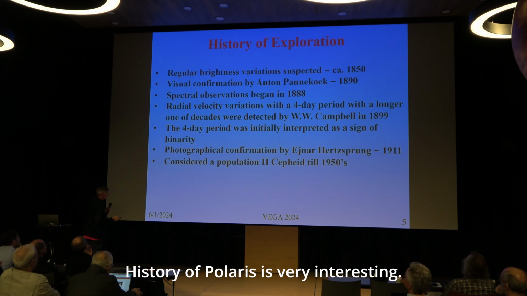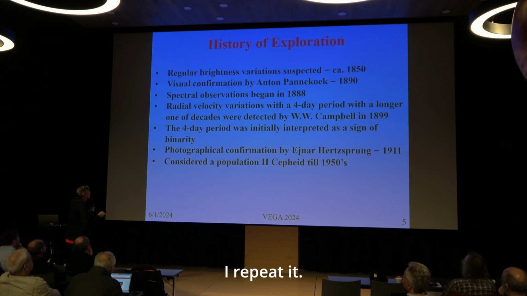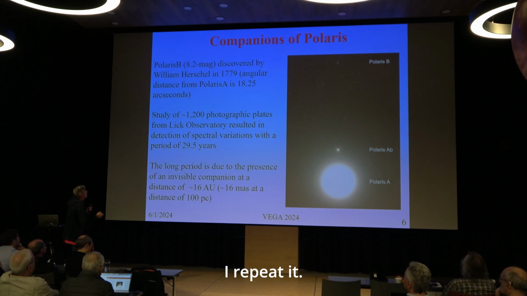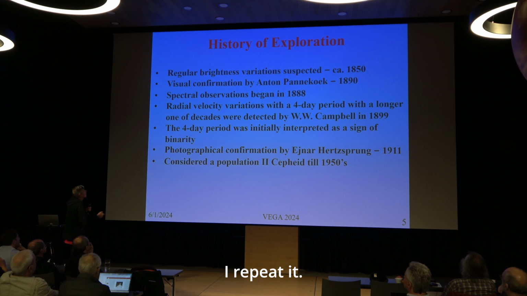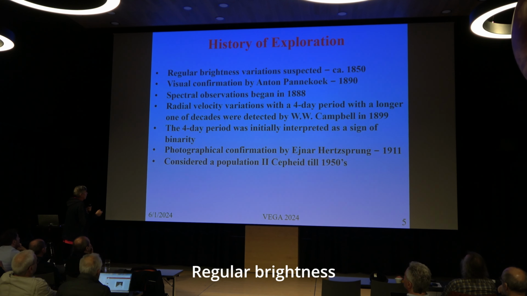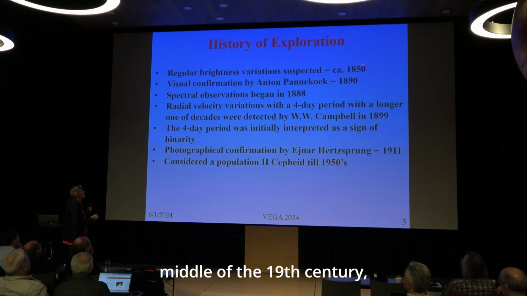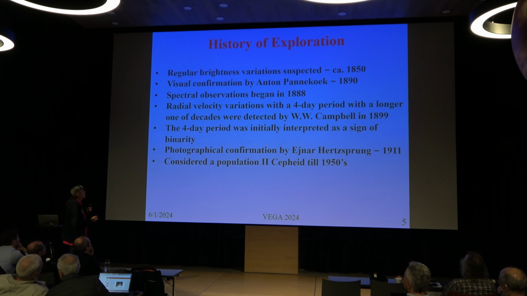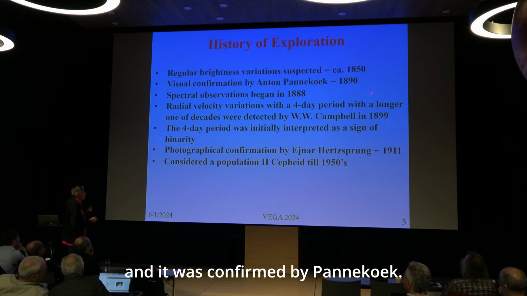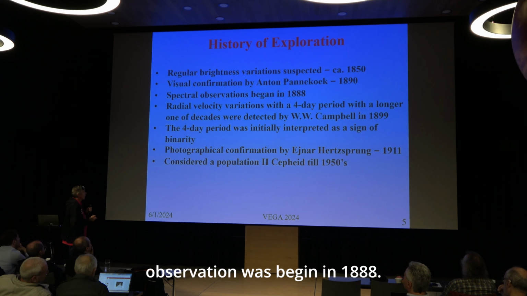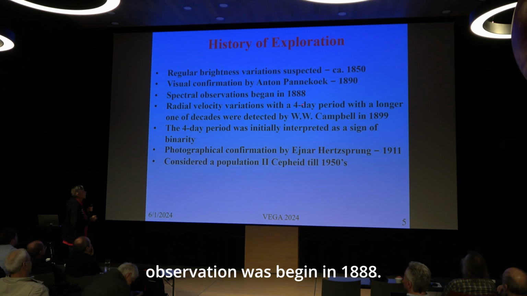The history of Polaris is very interesting. Regular brightness variation was discovered in the middle of the 19th century, and it was confirmed by Pannekoek. Spectral observation began in 1888.